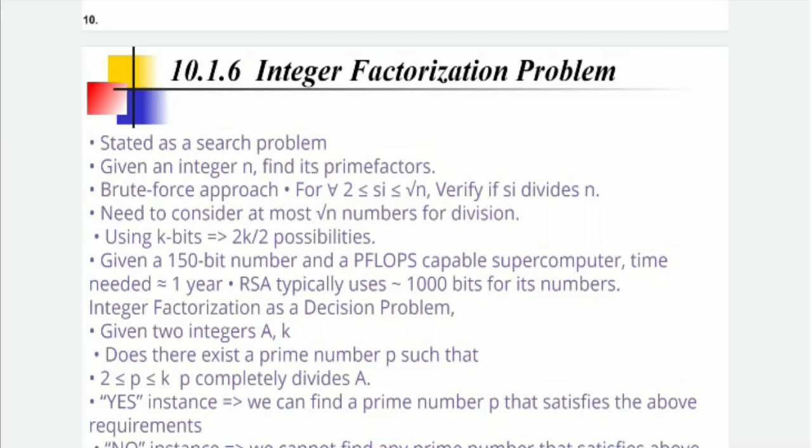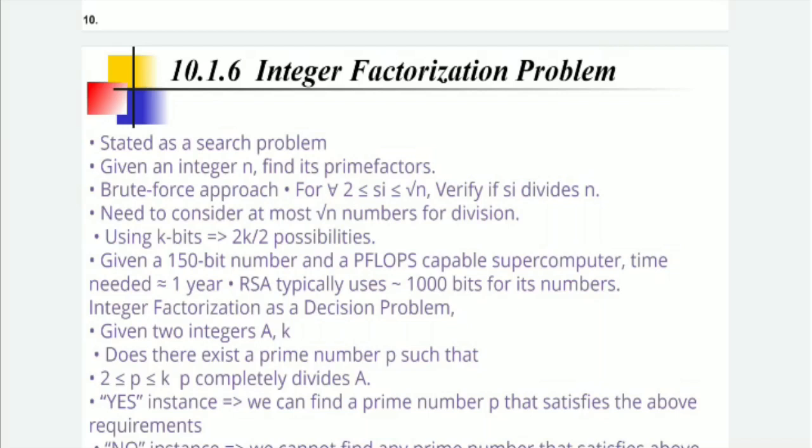In the RSA cryptosystem, we typically use 1000 bits for the number. If a 150-bit number took almost 1 year on a supercomputer, then you can imagine how long it will take to find the factors of a 1000-bit number.